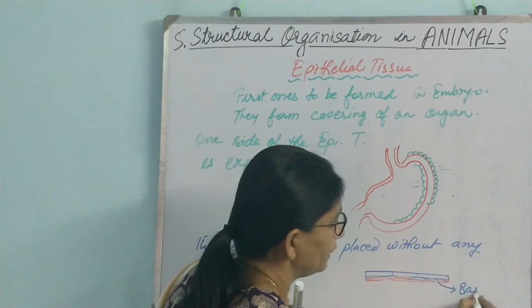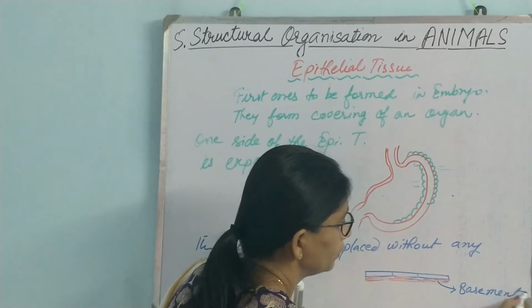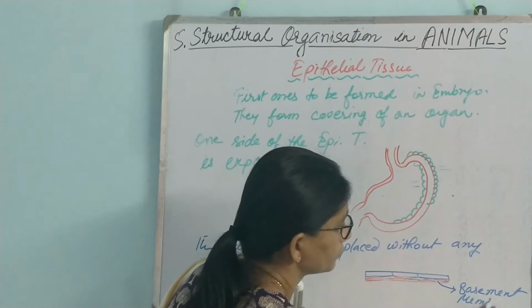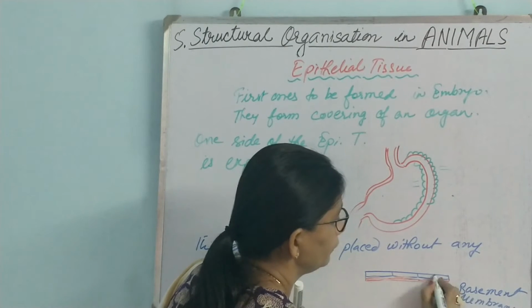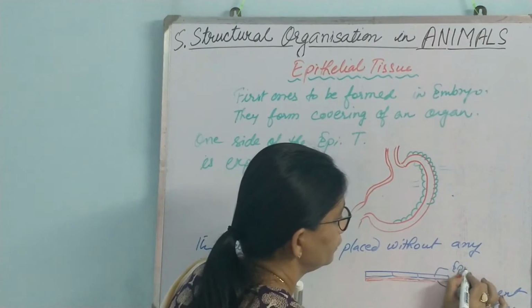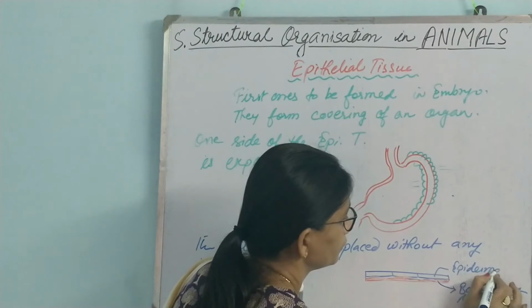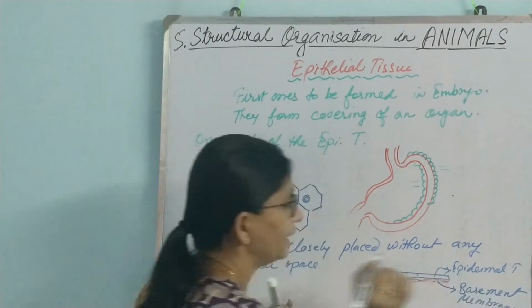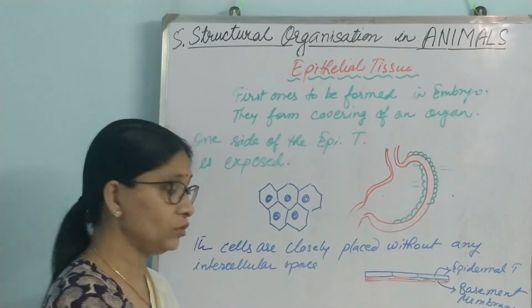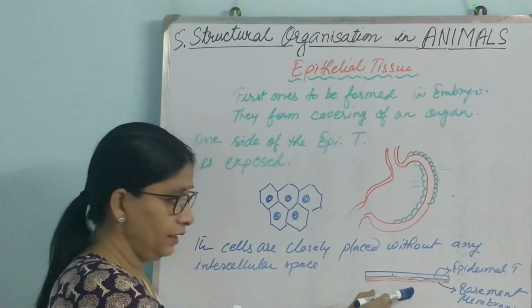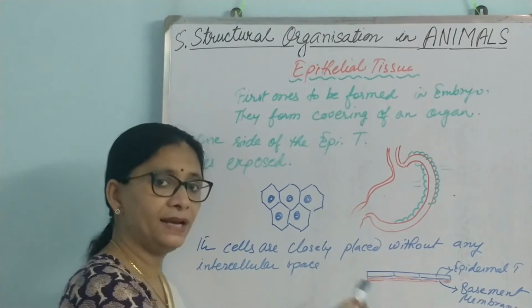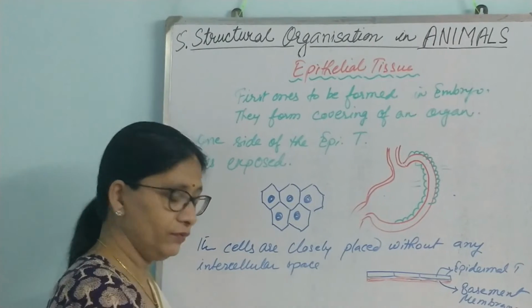This is known as the basement membrane. This membrane is non-cellular. It is not made up of any cells. It is a jelly-like substance, but it will always be present.